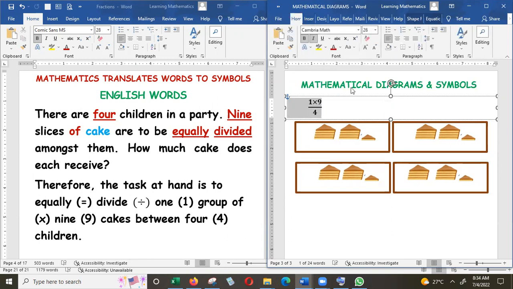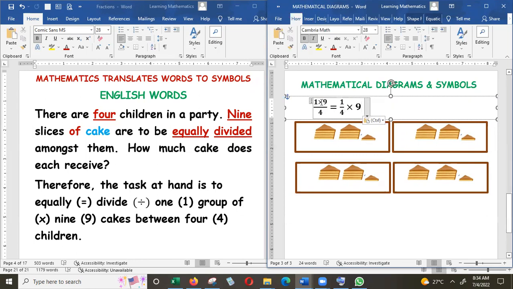One group of 9 divided amongst 4 is the same as, so this can be rewritten a different way by taking this times 9 and putting it here.